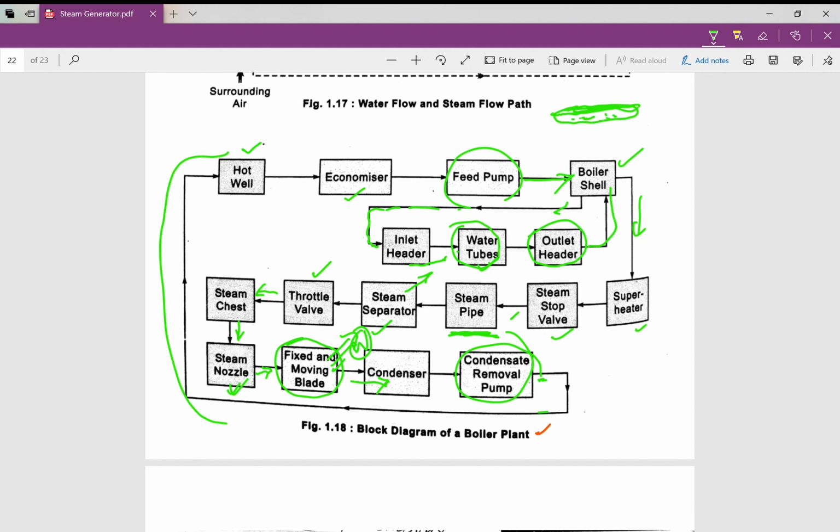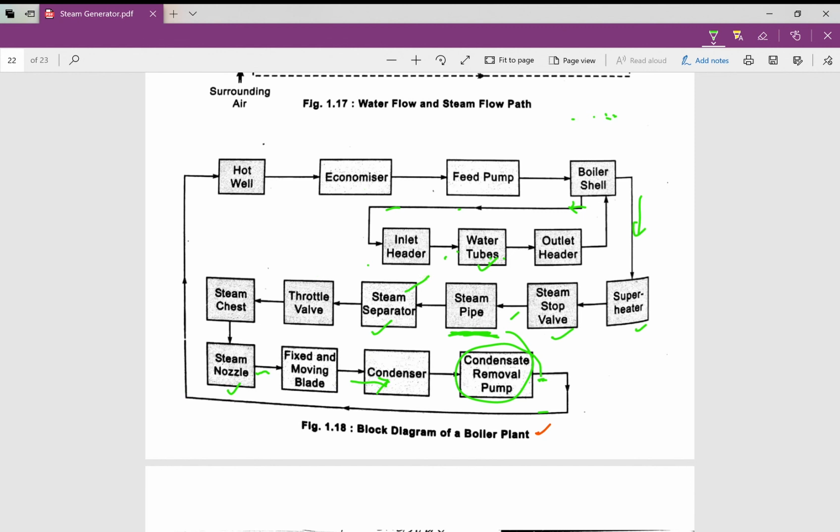So this water comes like this, it goes to the inlet header, and then in this way it gets heated, and finally through the outlet header it goes to the steam stop valve, and finally this steam produced from the boiler is stored at the top portion of the steam drum or water drum. So dear students, in this way the cycle is completed for steam and water itself.